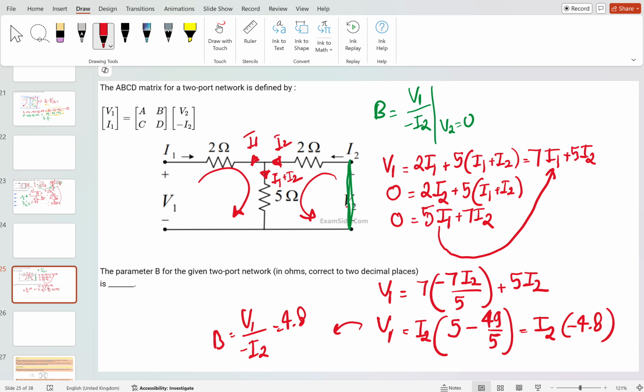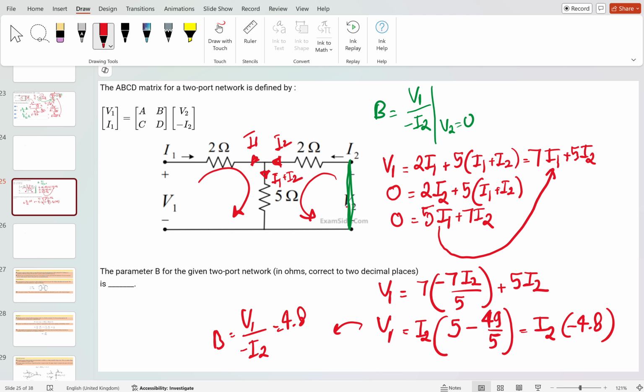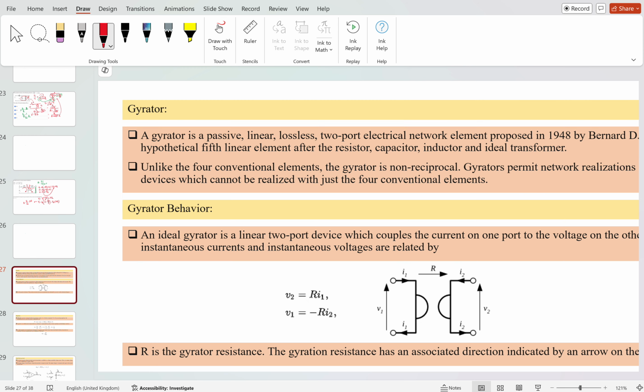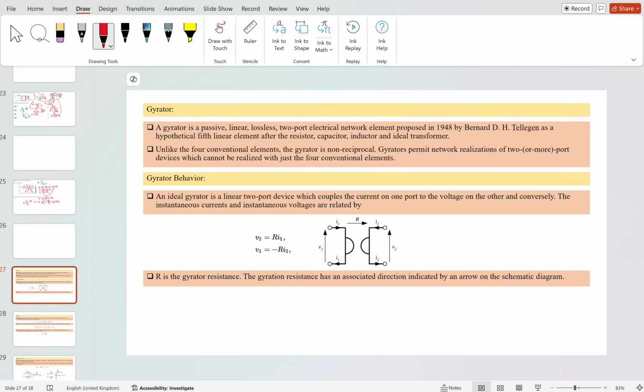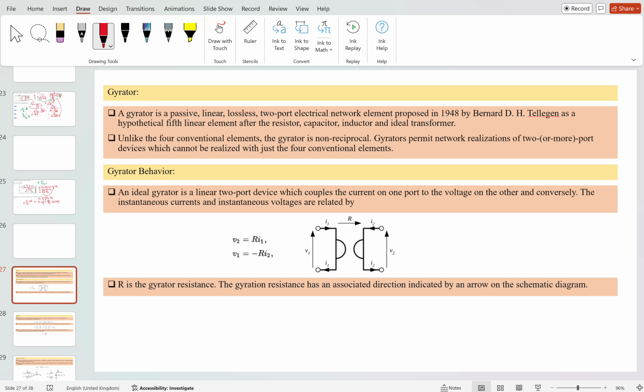So these are the variety of problems which can come in the two-port network. Let's move to one important topic where a theoretical question can be asked. This is the gyrator. A gyrator can be represented in the form of a transformer.